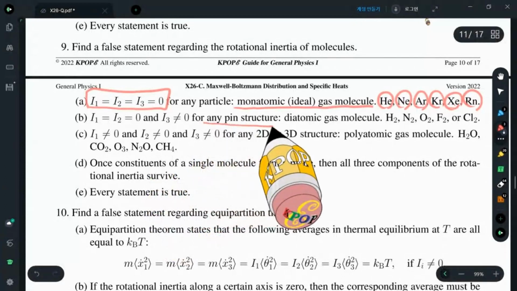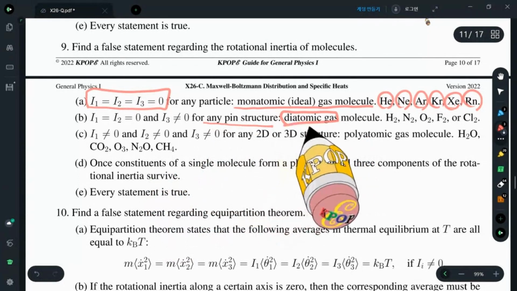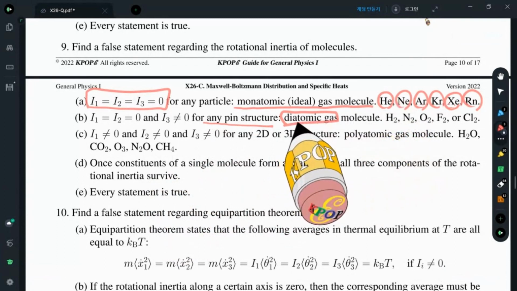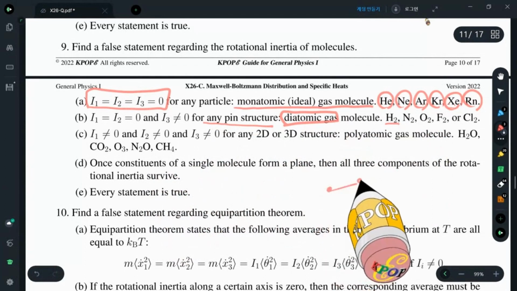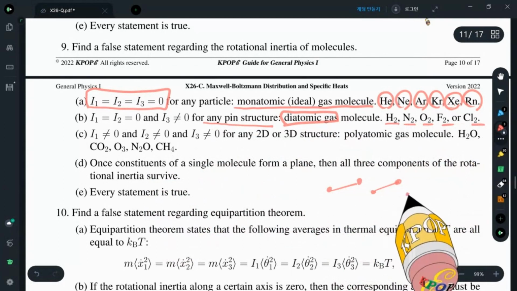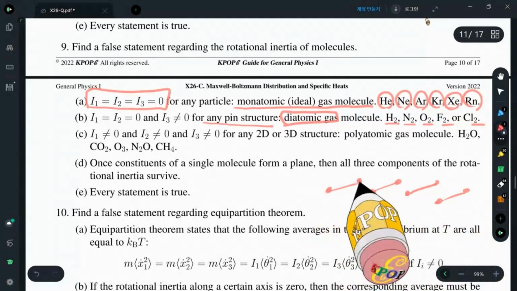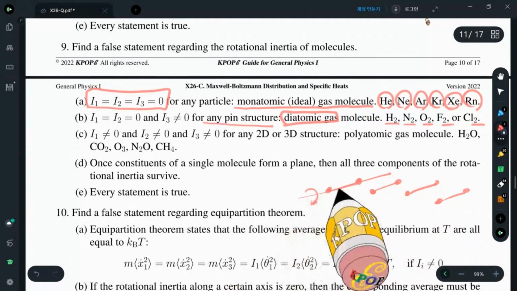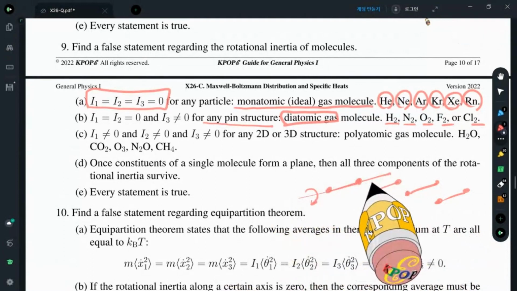If a molecule has a spin structure, it is allowed, as in diatomic gas: hydrogen, nitrogen, and all of these have two atoms. If you rotate this one along this axis, rotational kinetic energy doesn't contribute.